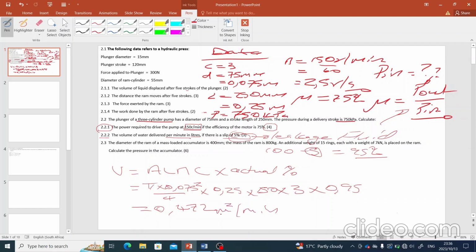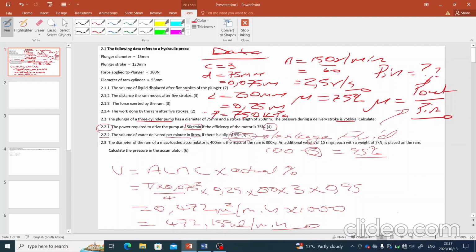Now, in converting this to liters, you need to multiply by 1,000. In multiplying by 1,000, it will be 472,159 liters per minute. Right. This is how you were supposed to have tackled that question.